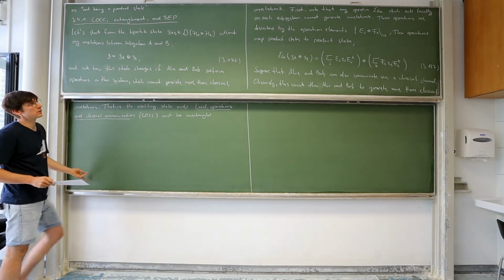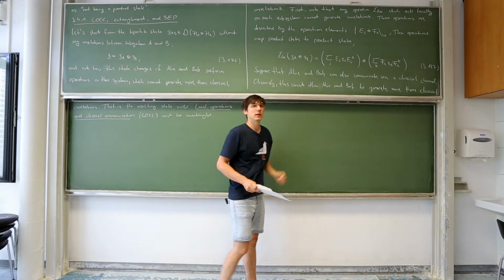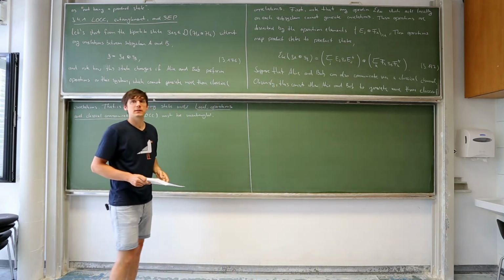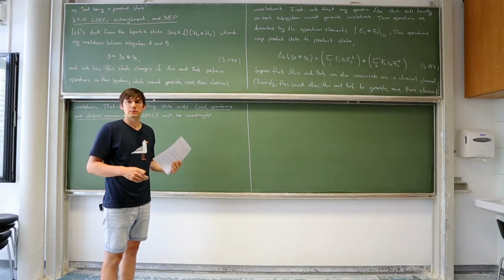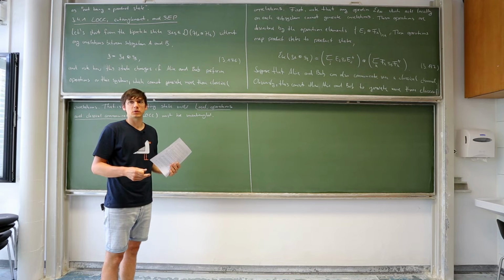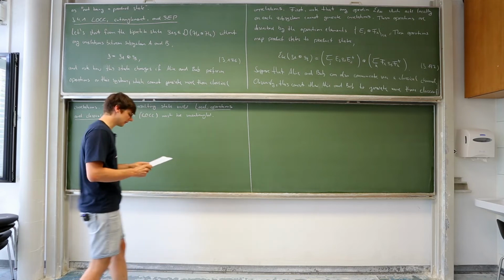So let us suppose that we start from such a product state, and let's see how this state looks like if Alice performs a measurement and communicates the outcome of her measurement with Bob, and Bob then performs a measurement conditioned on this outcome. Let's see how this looks like.